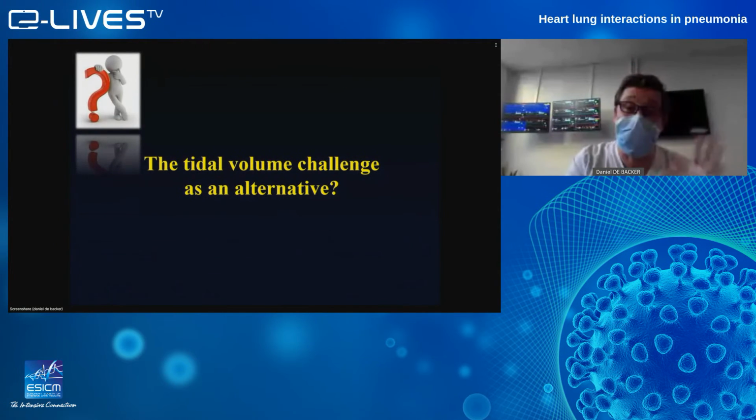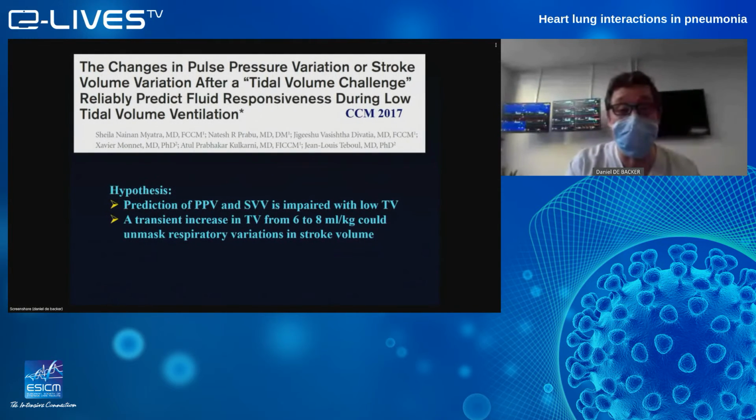So can the tidal volume challenge be used to detect fluid responders in patients who are ventilated with protective ventilation? Well, this was a hypothesis generated by Sheila Mehatra in Mumbai, together with Jean-Luc Teboul and Xavier Monet.